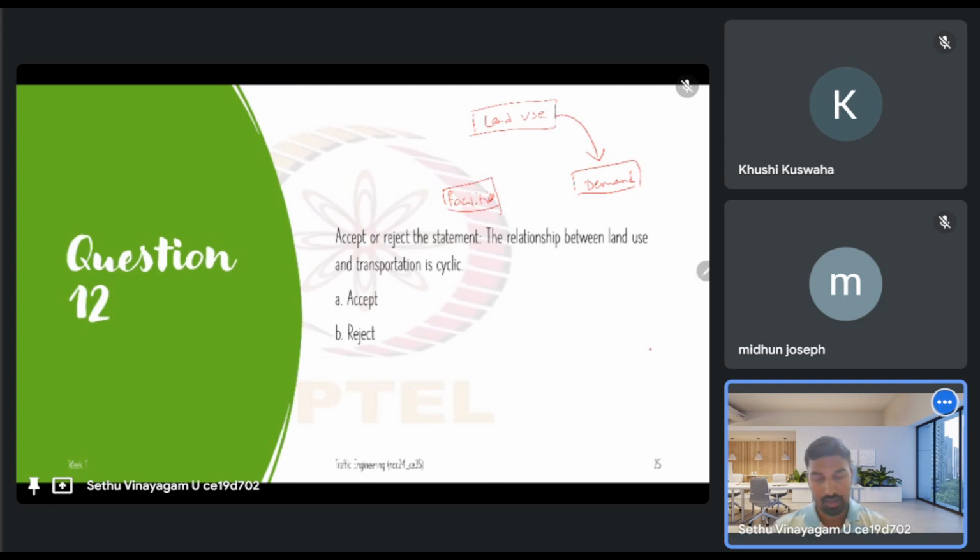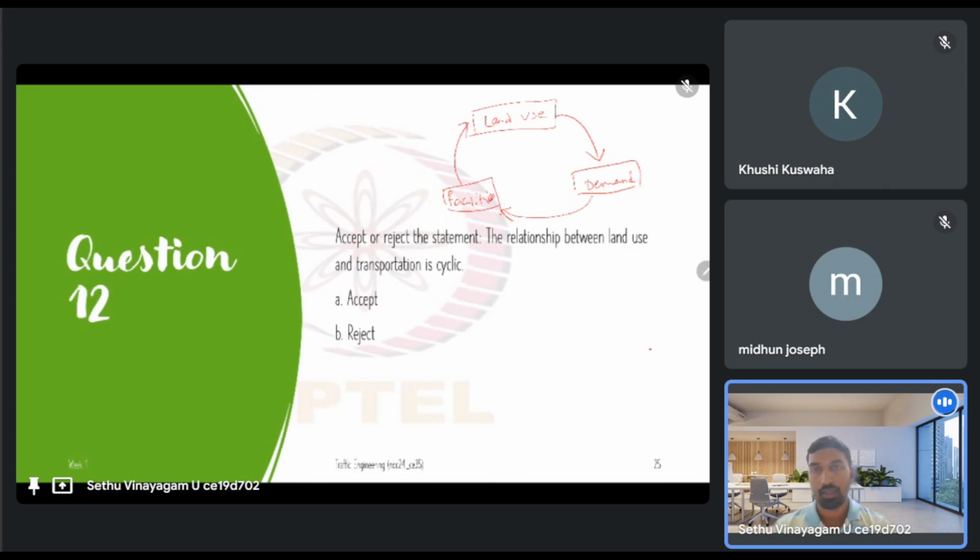The transport demand creates a need for people to travel, which creates the need to have these transportation facilities. And having different transportation facilities affects the value of the land around these facilities and changes the land use. Because the land use changes, the demand is affected, and so on.